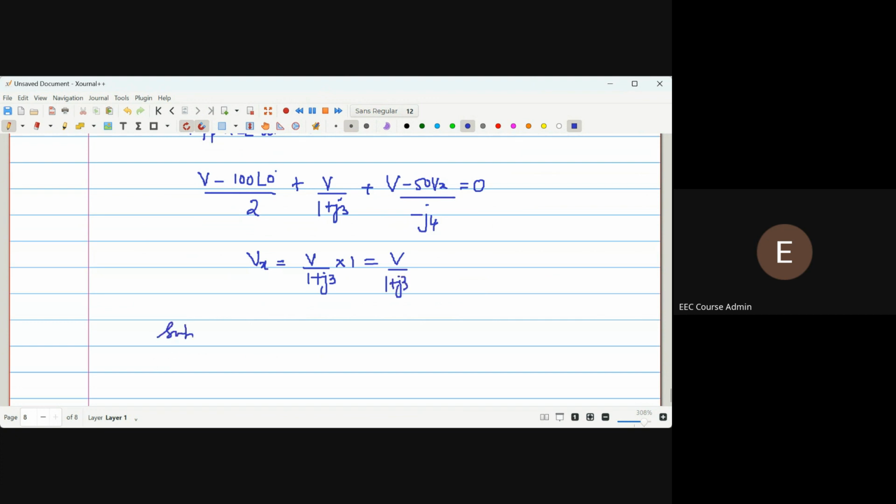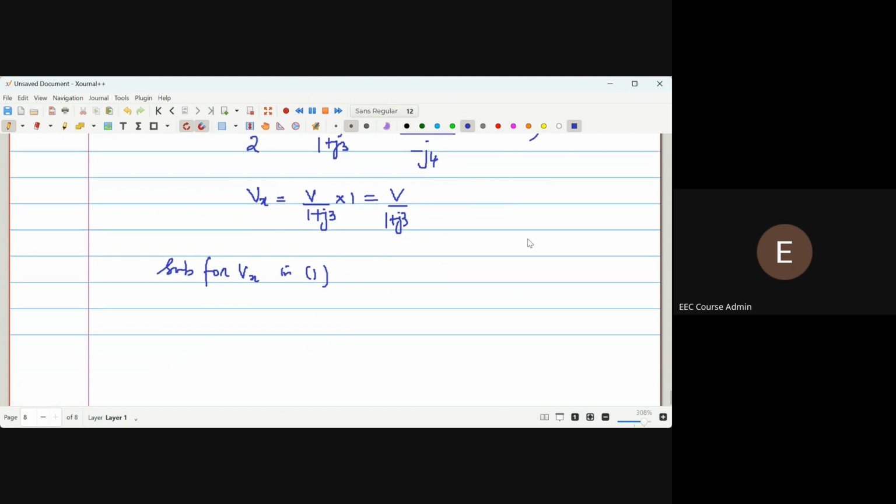So substituting for Vx in the above equation, you will get V as 14.705 angle 157.5. So this current flowing will be V minus 100 angle 0 by 2.